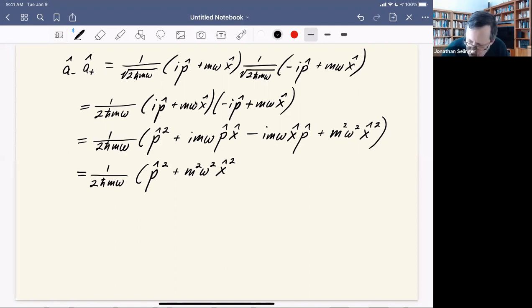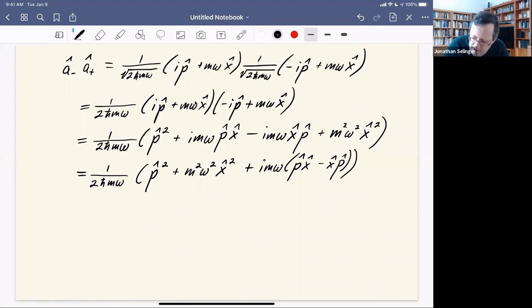And now we have plus I m omega, and then there's a combination, px minus xp.